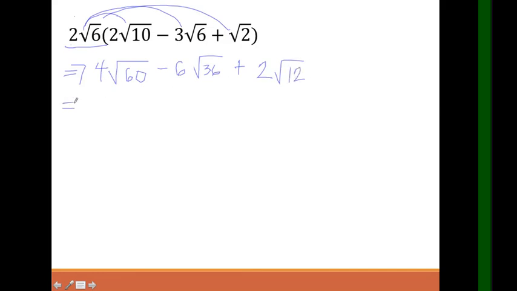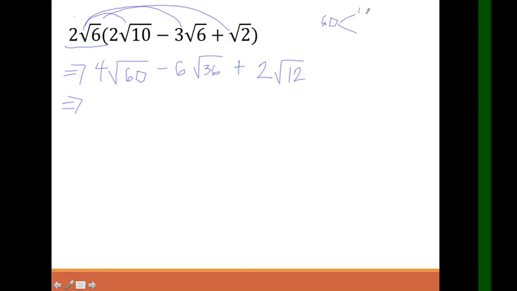Okay. Let's simplify first. Sa 60, ano yung factors na naiisip mo na pwede nating kunin sa 60, isang perfect at isang not perfect.